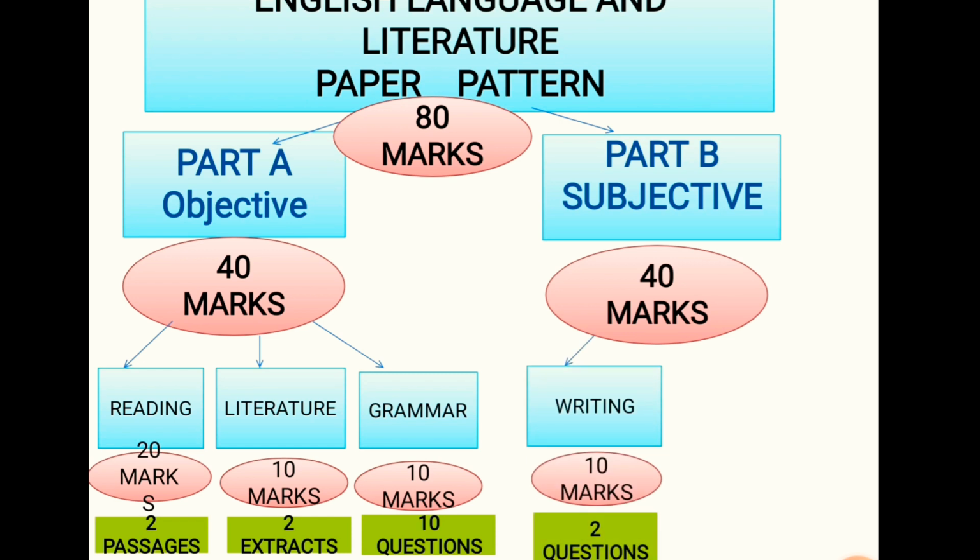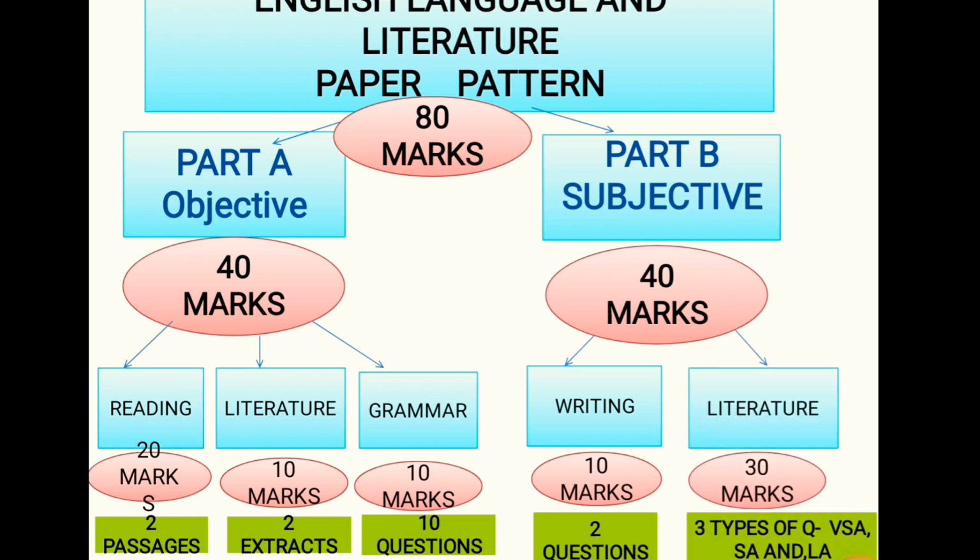Writing has 2 questions, one formal letter writing for 5 marks and the other one analytical paragraph for 5 marks, amounting to 10 marks in all for writing. Remaining 30 marks are for literature, wherein there are short questions for 2 marks and 3 marks, long questions, 2 questions from each book. Here we can see a bird's eye view of the entire paper.